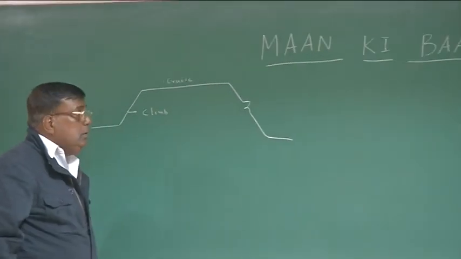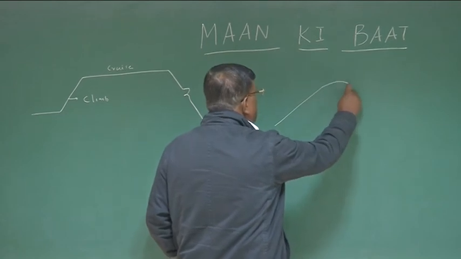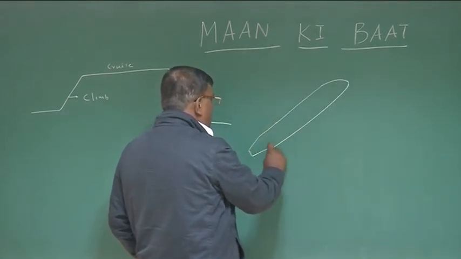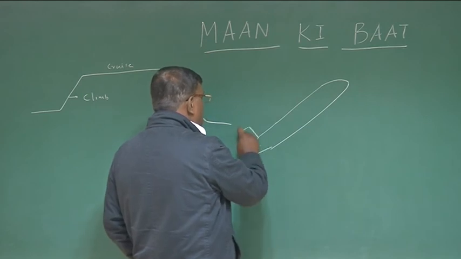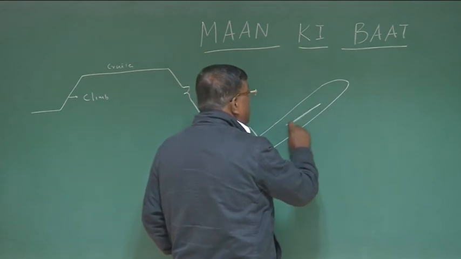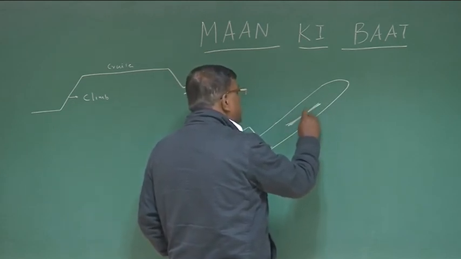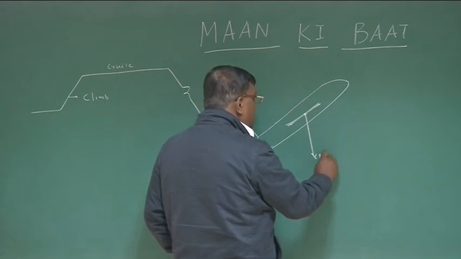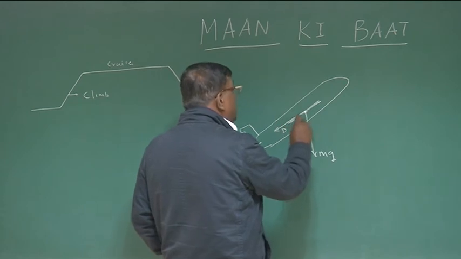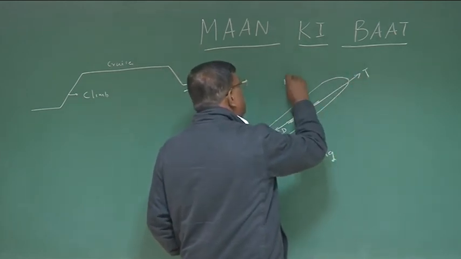Now, when I am climbing, what happens? This is the wing, this is the CG, this is your mg, the weight, acting here, and here it is drag, here it is thrust, here it is lift.